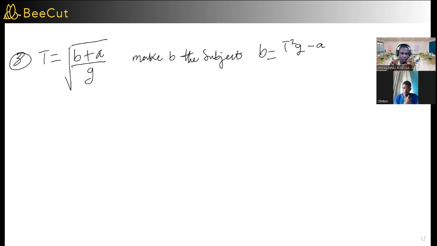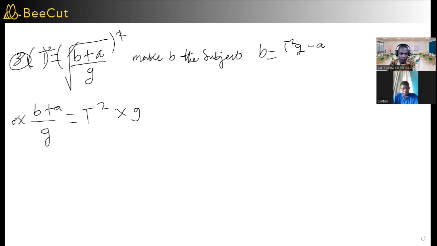So let's see. The first thing was to square both sides, yes or no? Yes, sir. Square and square. Then we have B plus A all over G. So multiply both sides by G, right? So G cancels out.